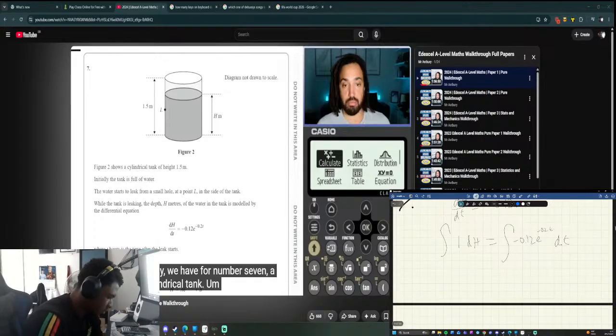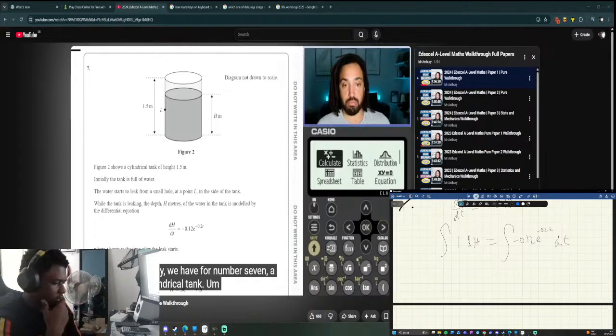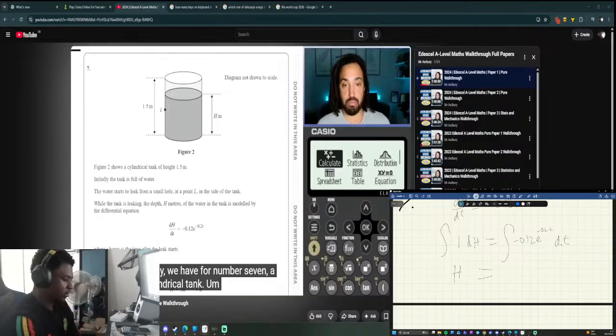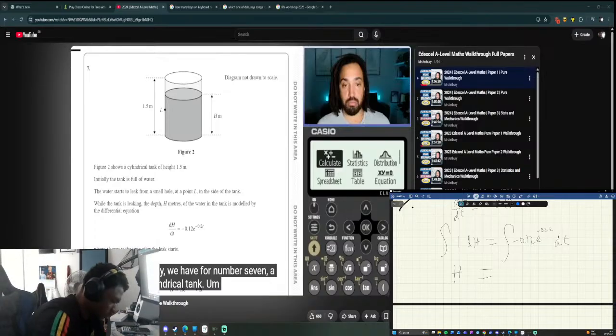Okay. So what that means is, this side just turns into h, right? Equals that differential, integrated. Now to integrate this is not as easy because it's in e.